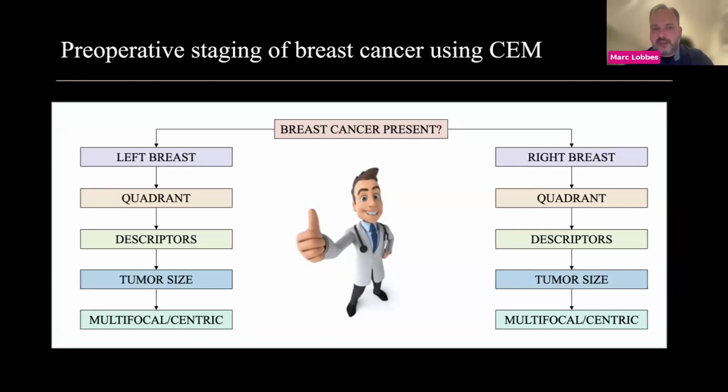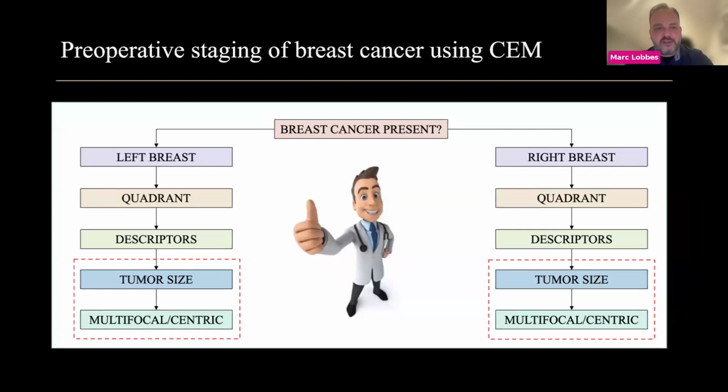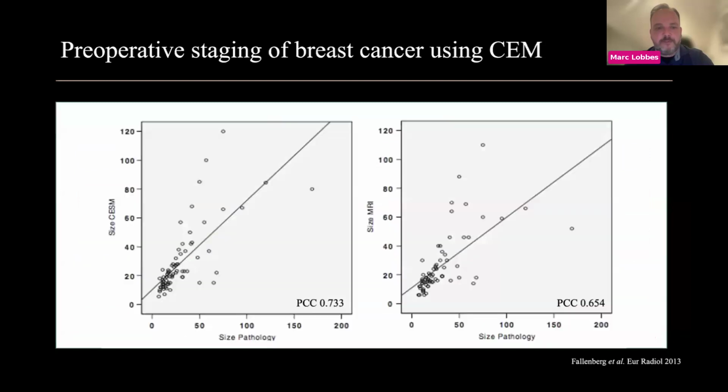So at the beginning, is it the left or the right breast? Which quadrant is it? The descriptors are things like masses or asymmetries or anything that we know from the BI-RADS lexicon. Then the most important part is how big your tumor is in size, millimeters or centimeters, whatever unit you would like to have. But also important is to see whether there are multifocal lesions or multicentric lesions or even contralateral lesions. That's the main reason that we do preoperative staging as well.